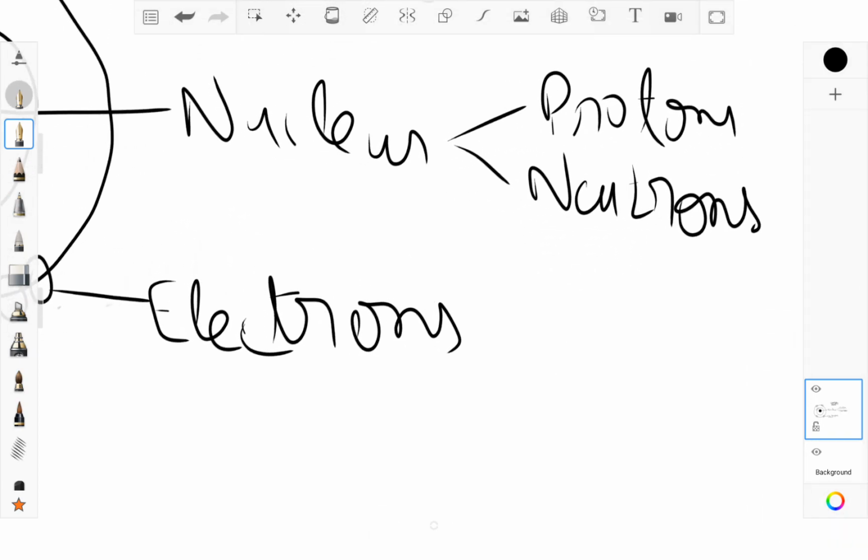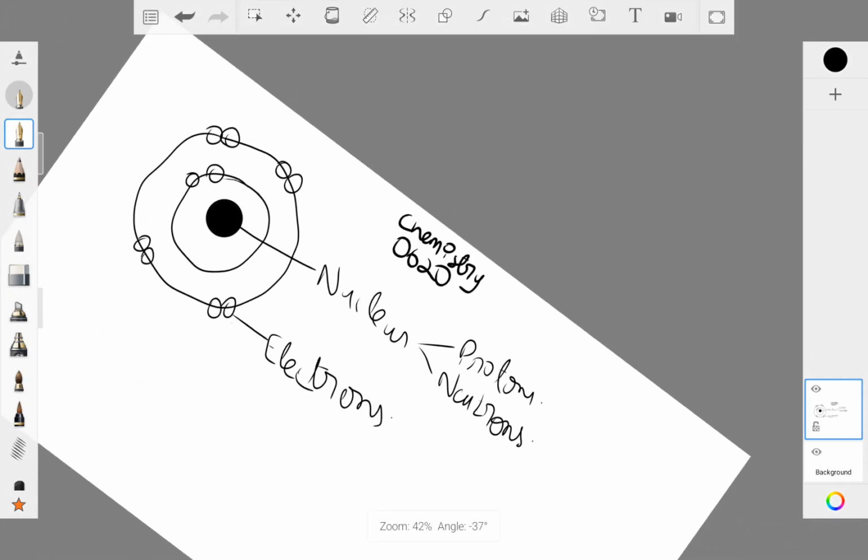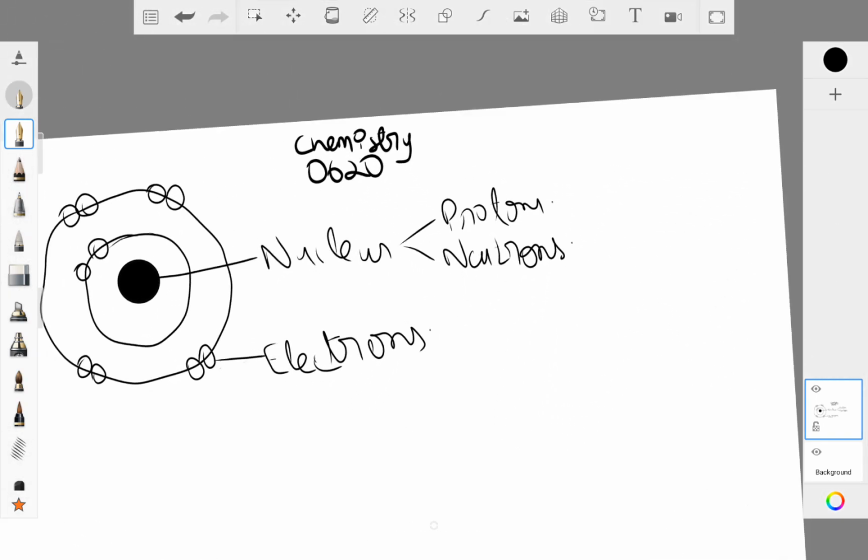Collectively, protons, neutrons and electrons are called subatomic particles because they are smaller than an atom. One thing you need to note is that an atom cannot be broken down chemically. It breaks down during nuclear reactions, but you can't physically break down an atom normally.